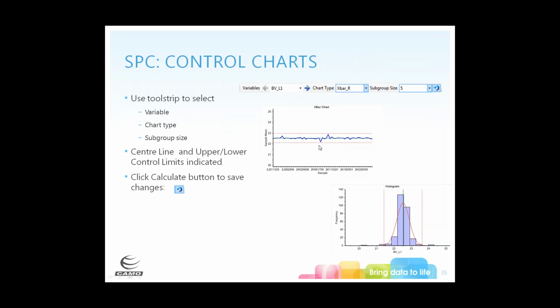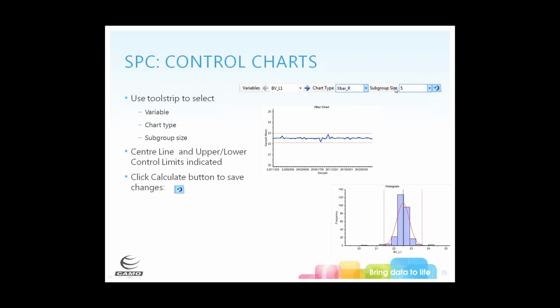What you get is some plots that show what the data look like, and you can toggle between different variables and decide whether to look at the individual data points or some summary charts like mean versus range.